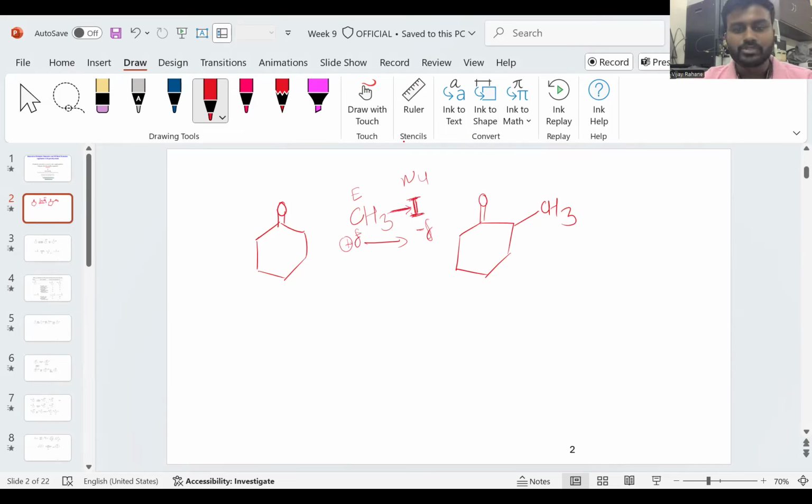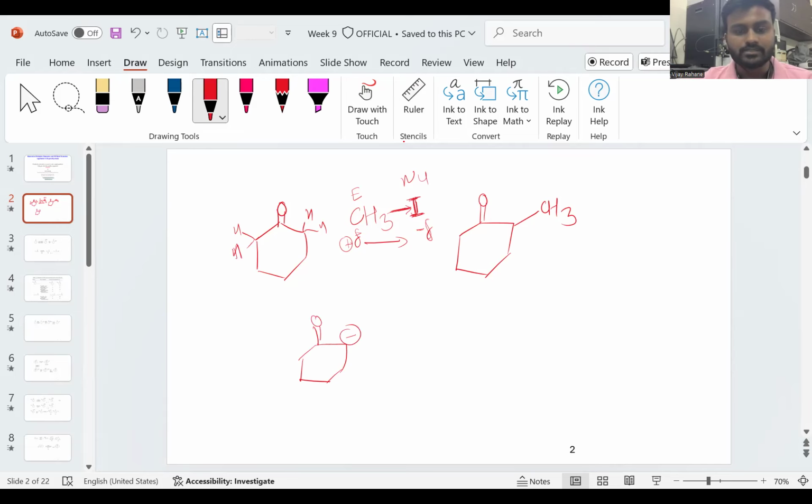If you want to do this reaction and perform the alkylation, what is the reaction condition in this case? If you think about adding some base, the base can form an anion at this position, right?